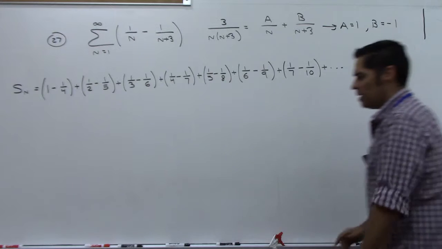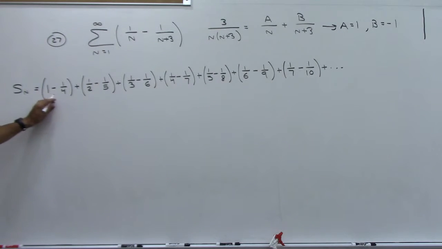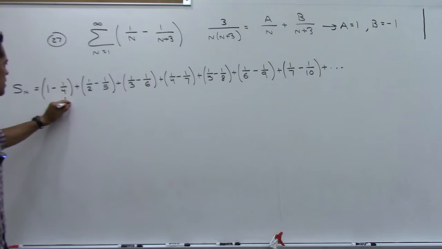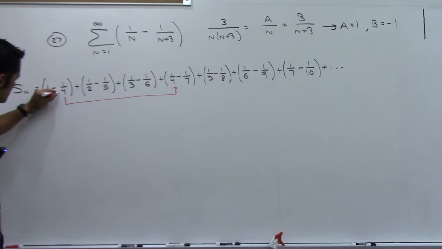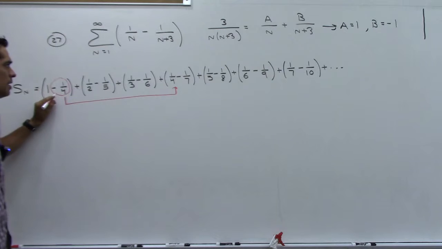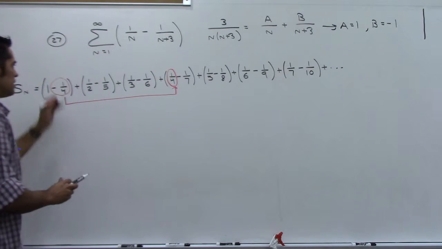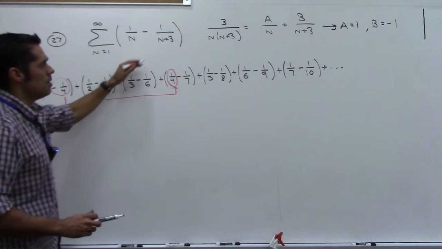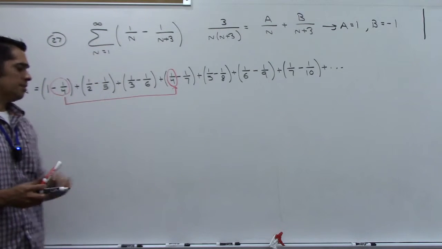But I needed that many to see this cancellation. See, the cancellation occurs, this 1 doesn't cancel anything. This negative 1/4 cancels way down here. So the second number in the parentheses cancels with the first number in the parentheses, 1, 2, 3 parentheses down the series.